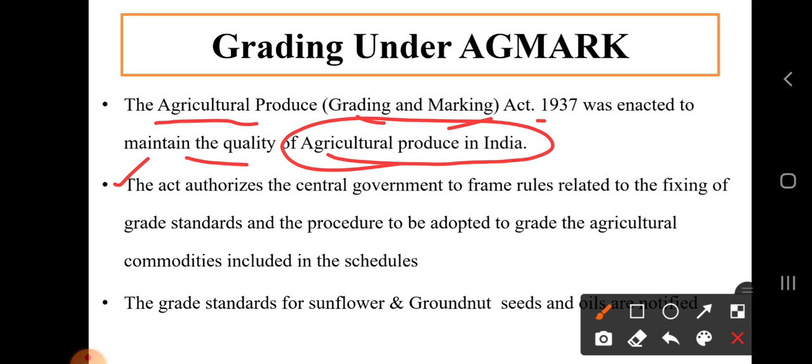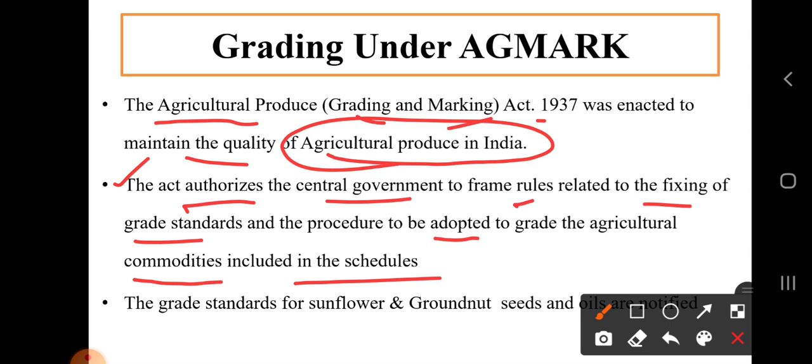The act authorized the central government to frame the rules related to fixing the grade standards and the procedure to be adopted to grade the agriculture commodity included in the schedules. Then the grade standards for sunflower, groundnut seeds and oil seeds are notified here.